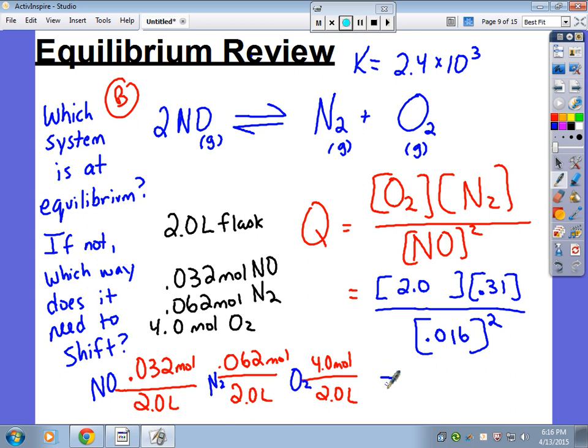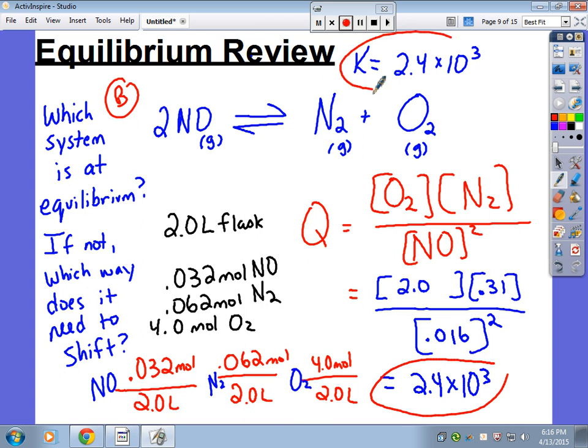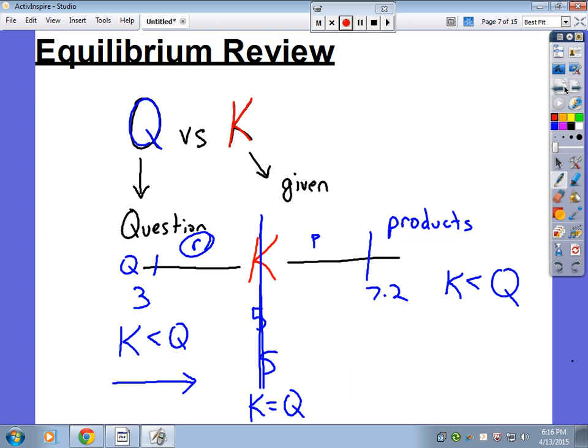And when I do my math, I come up with 2.4 times 10 to the third. So what's true? Hey, look, my Q is equal to my equilibrium constant. And so therefore, what's true on that equilibrium letter line? I'm equal. I must be at equilibrium.